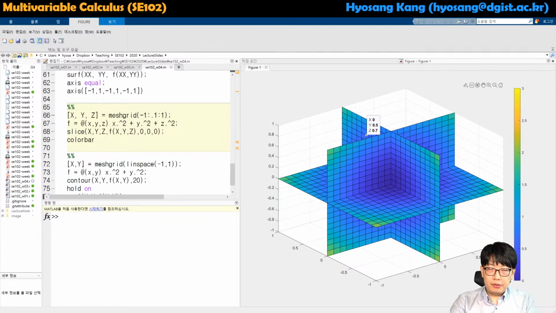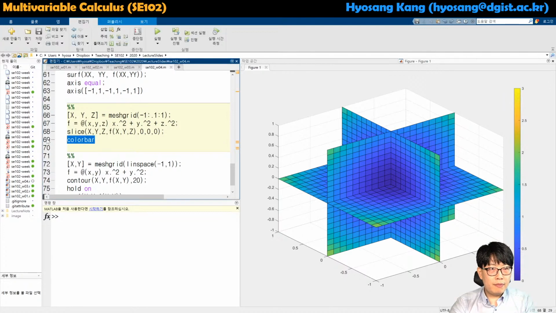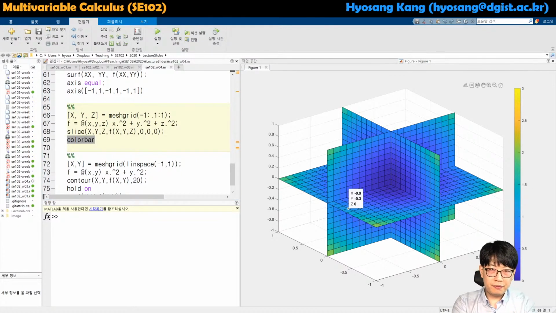Originally this domain should fill the entire 3-dimensional space, but we are taking sections in 3 different directions and then seeing the value of the function by the color. Here I put the color bar option command. On the right side of the graph, we have a color with index numbers.